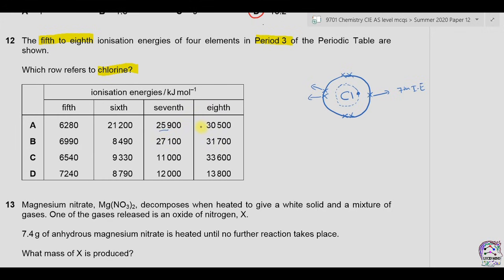We have 25,000, 30,000, 27,000, 31,000, 11,000 and 33,000. Now this jump is the larger value, 12,000 to 13,000. So the only option in which there is a larger jump between the ionization energy of the 7th electron and 8th electron is C. So therefore it is the correct option.